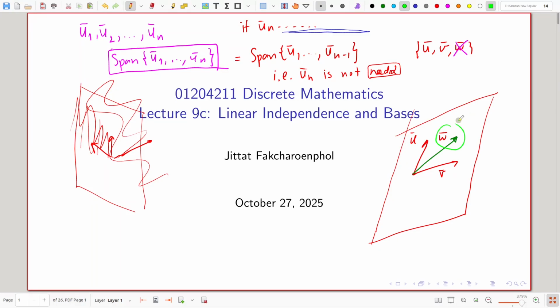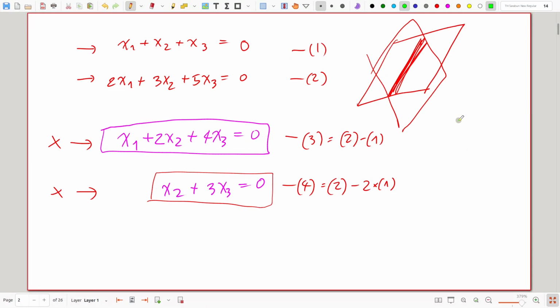These three vectors are not linearly independent because some of the vectors can be expressed as a linear combination of the other two. Also, if you take these four equations, in a way these four equations are not linearly independent because the last two equations can be derived from the first two.